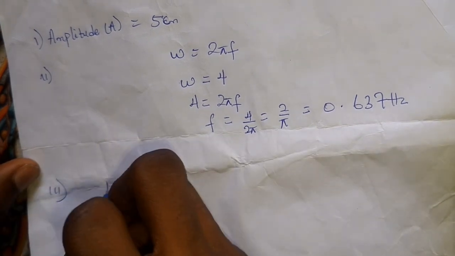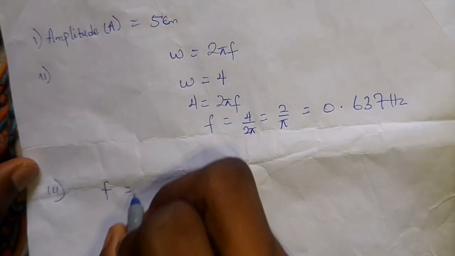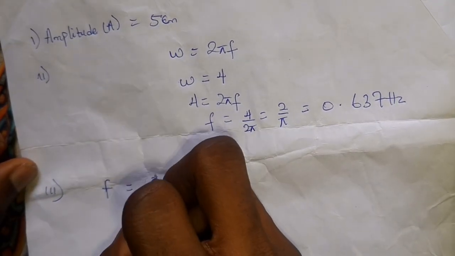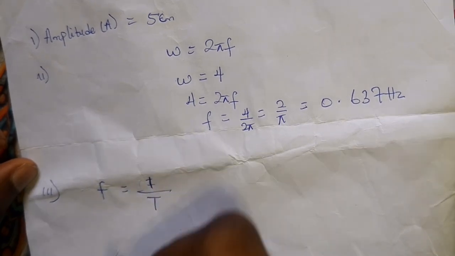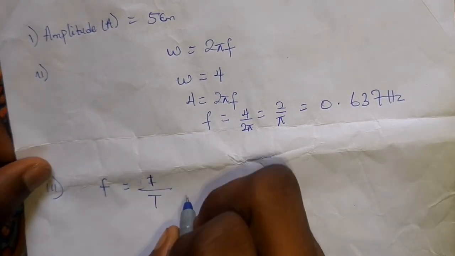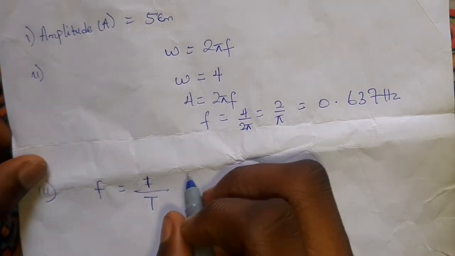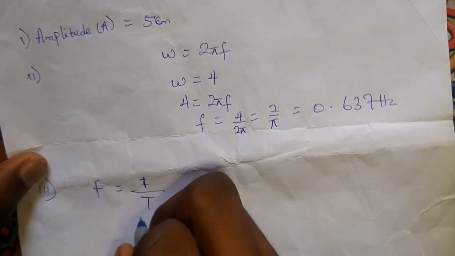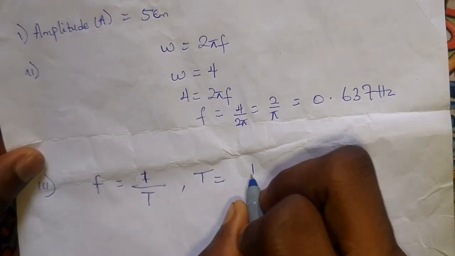Remember that frequency f, small f, is equal to 1 over the period, and period is in big T, and we have our frequency at 0.637. So that means our period T is equal to 1 over f.